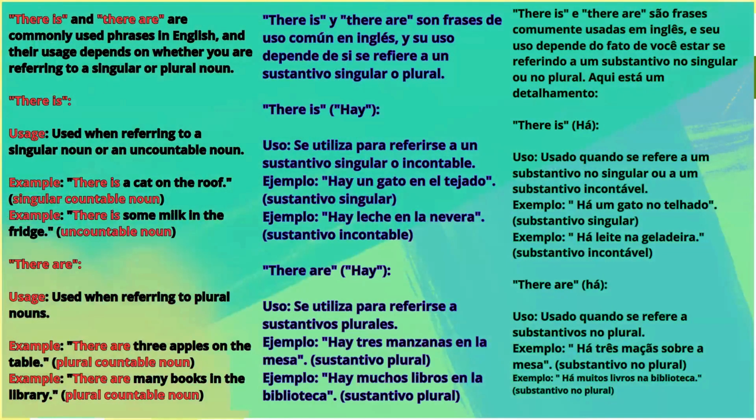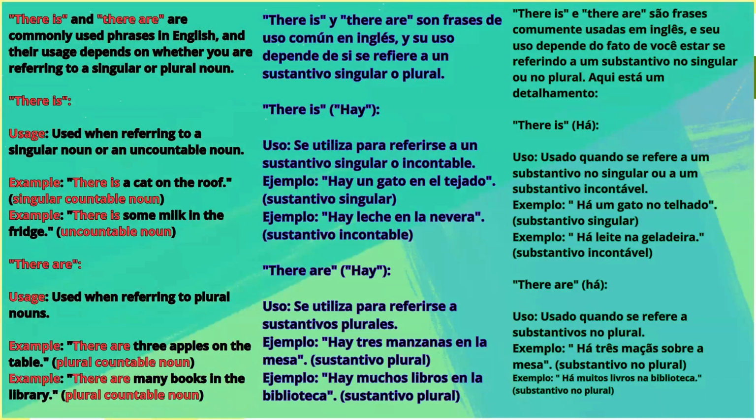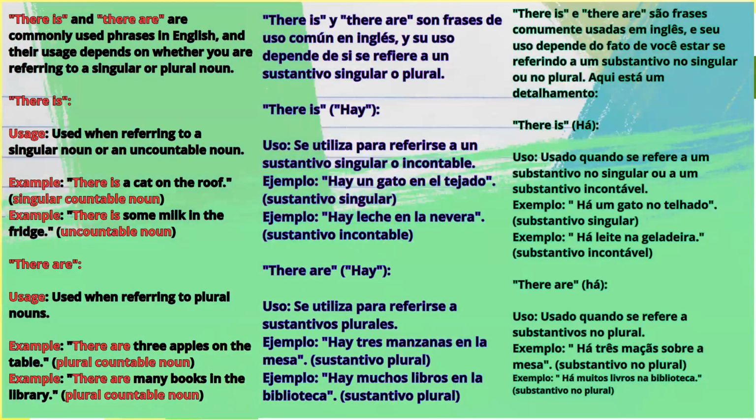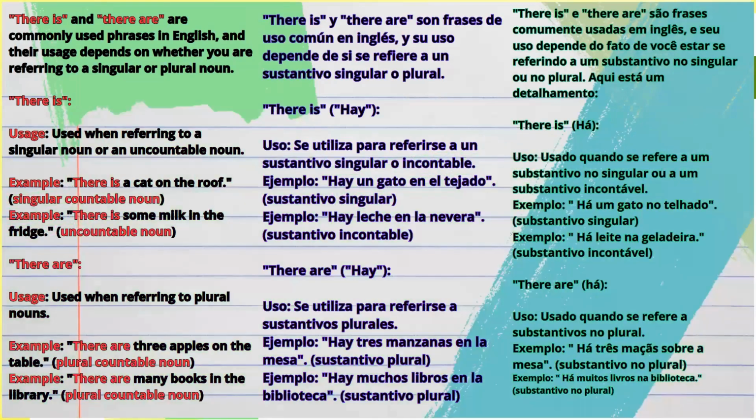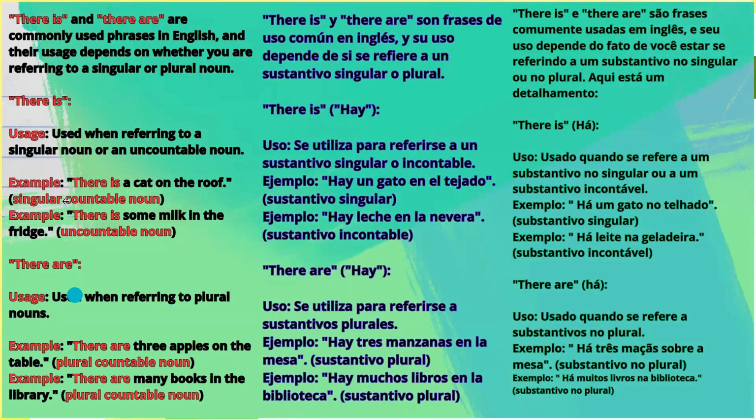There is is used when referring to a singular noun or an uncountable noun. For example, there is a cat on the roof. We are talking about a singular countable noun, a cat.